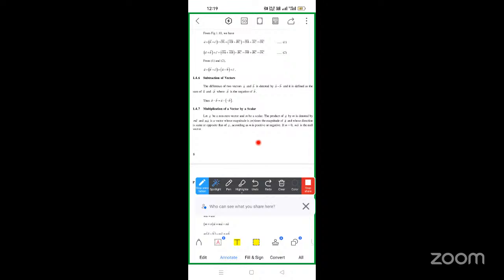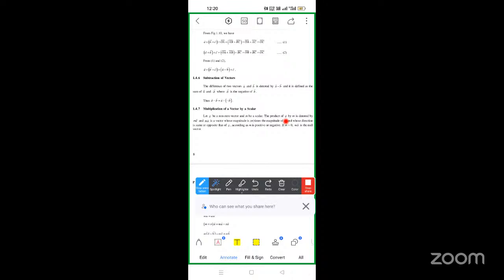Is that clear? So multiplication of a vector: we are taking M as a constant, and M is multiplied by some vector, that is, M is multiplied by A. So the magnitude of vector M into A is M times the magnitude of A. Then if M is negative, in this case also the same.